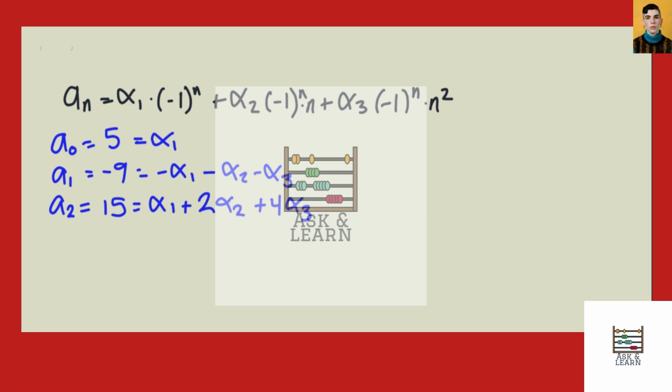Okay, so we're going to put the fact that alpha 1 is equal to 5 into these other two equations.